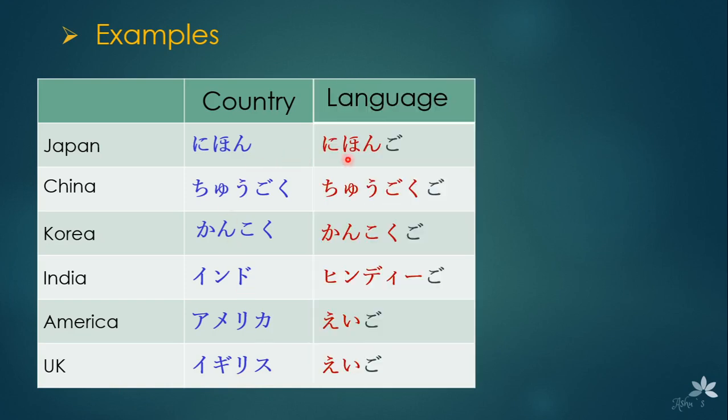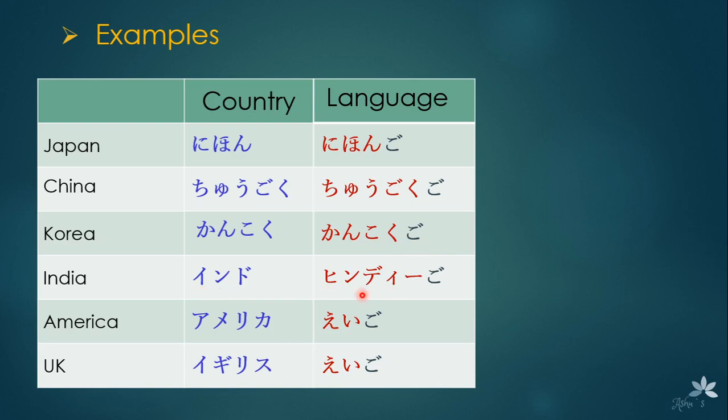Now let's make the languages of those particular countries. As I told you, you have to add go to the country name. So the Japanese language will be Nihongo. The Chinese language will be Chugokugo. The Korean language will be Kankokugo.